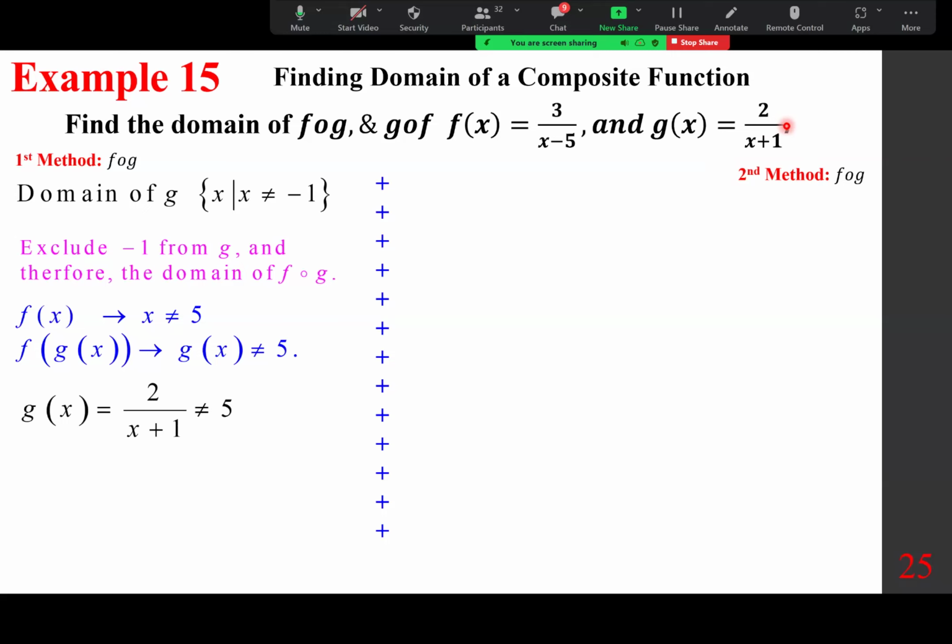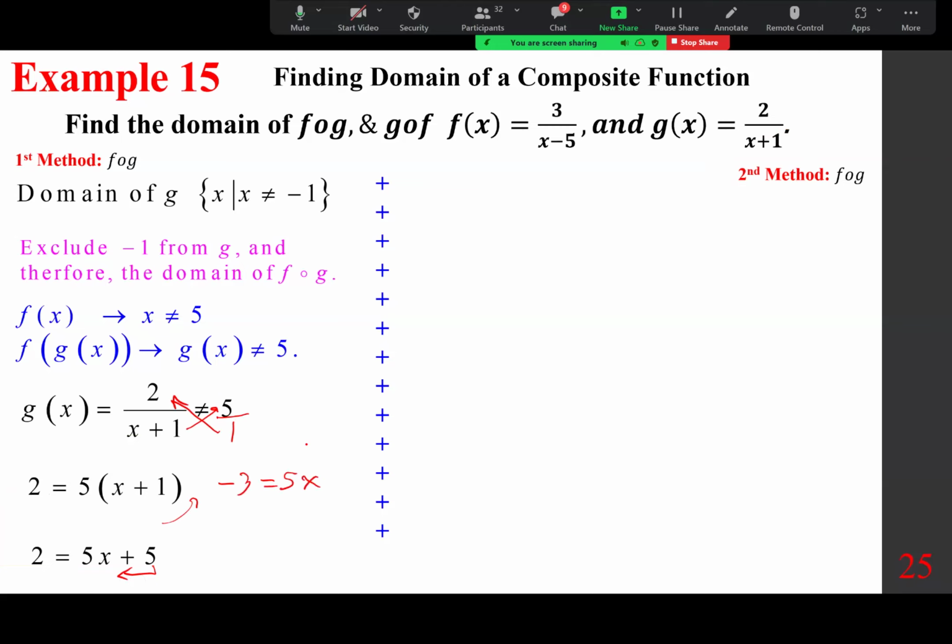And we do the cross product. This is 2. This is 5x plus 5. If I take it this way, I get negative 3 equals 5x.